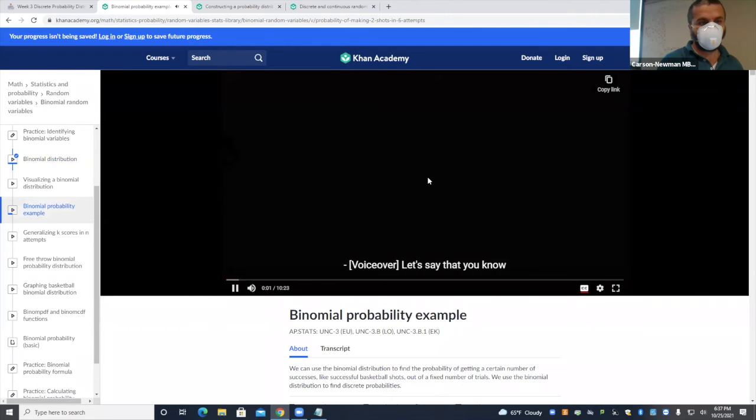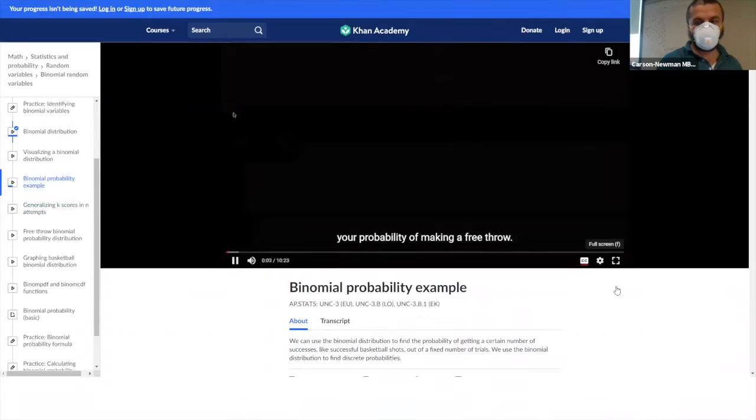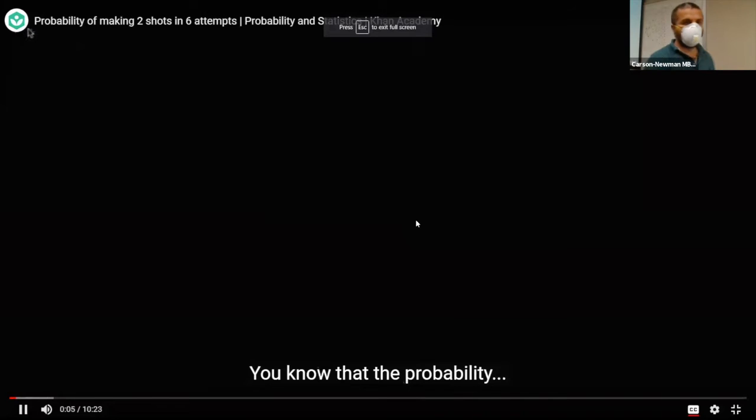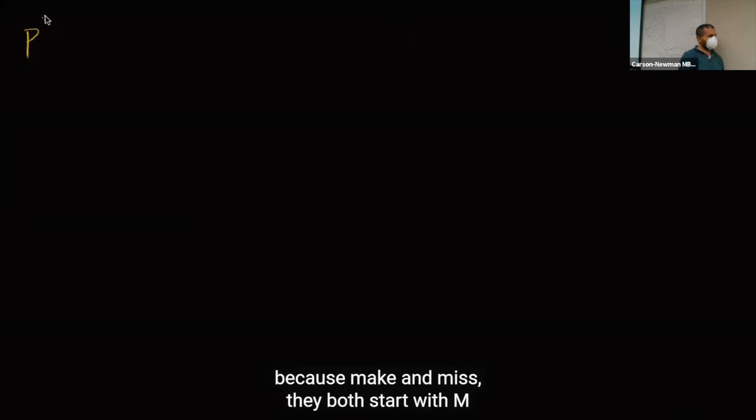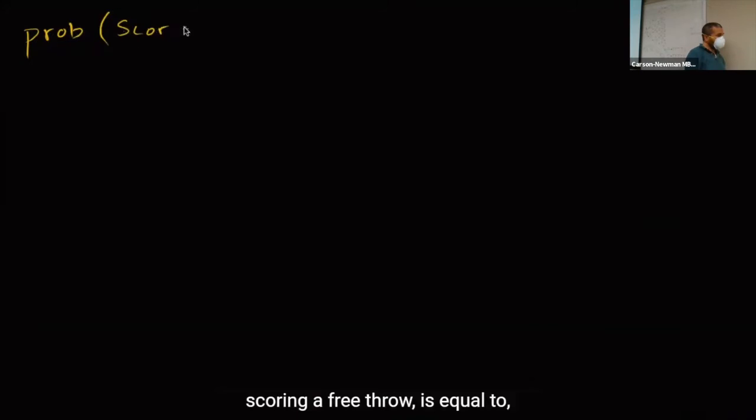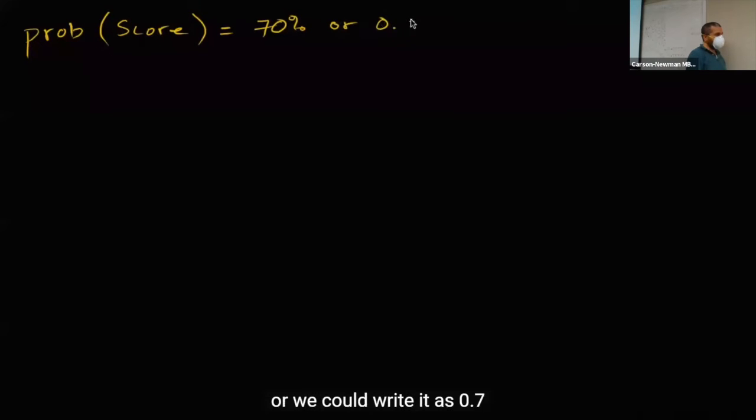Let's say that you know your probability of making a free throw. Let's say the probability of scoring on a free throw is 70%, or we could write it as 0.7.